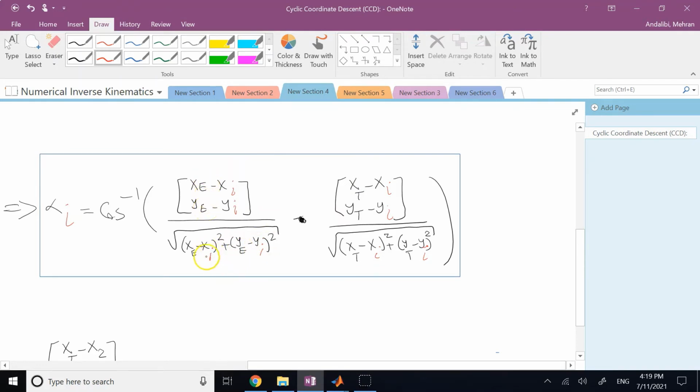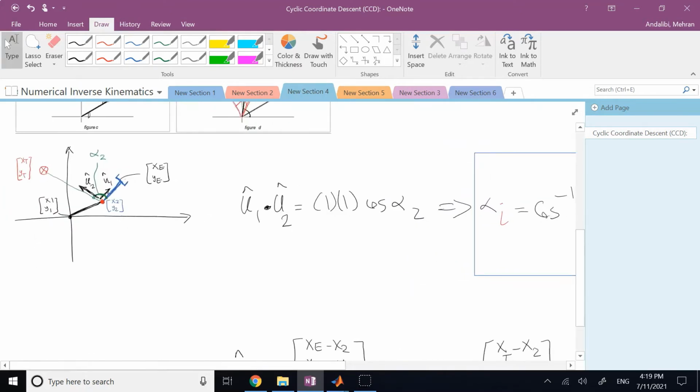Now question, do I need to update X and Y of every single joint when I change one angle? No. For example, when I modify angle number 2, theta 2, the location of the first joint is not going to change. Also, the location of joint 2 itself is not going to change, right?